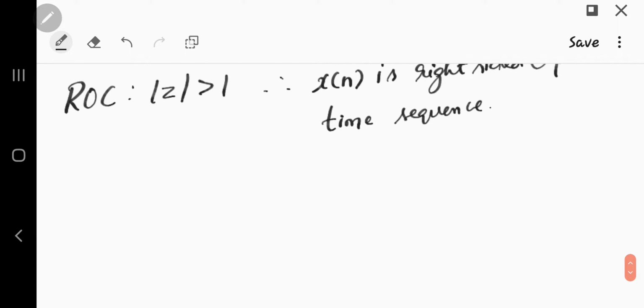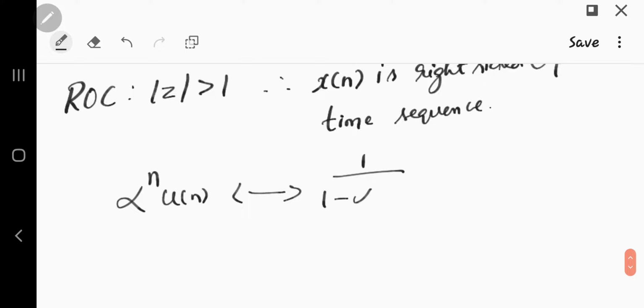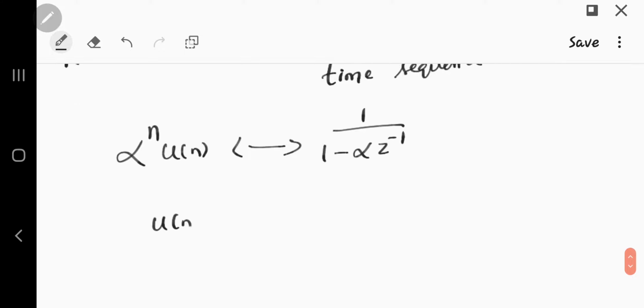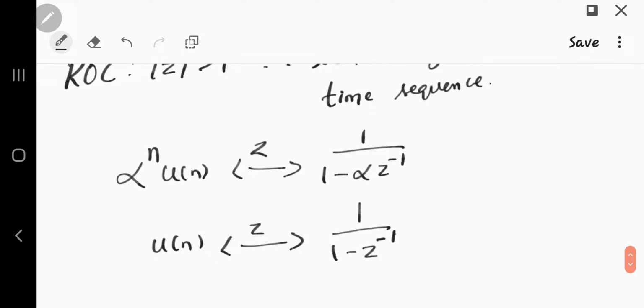And if you go to the standard results, alpha to the power n into u of n will give the z transform of 1 divided by 1 minus alpha z inverse. Now if you just take u of n, the z transform of this will be 1 by 1 minus z inverse.